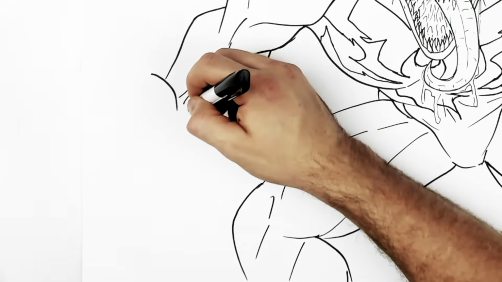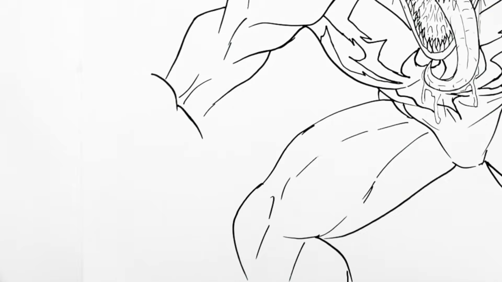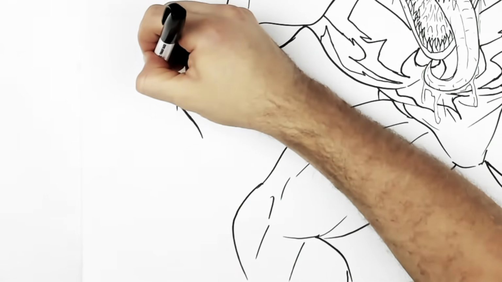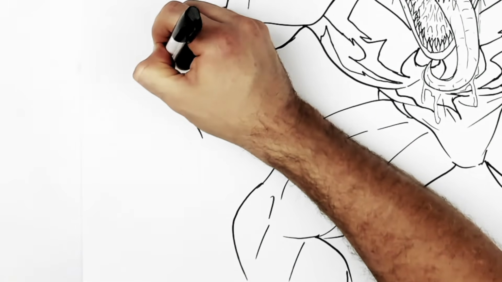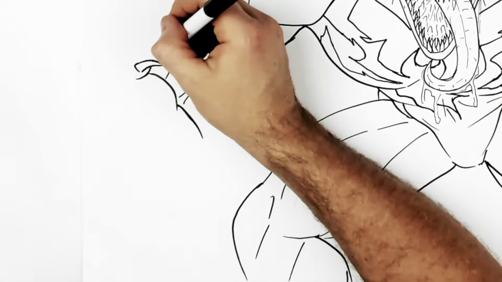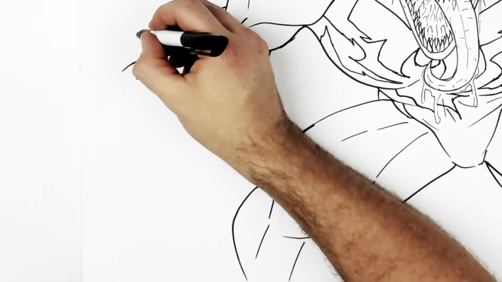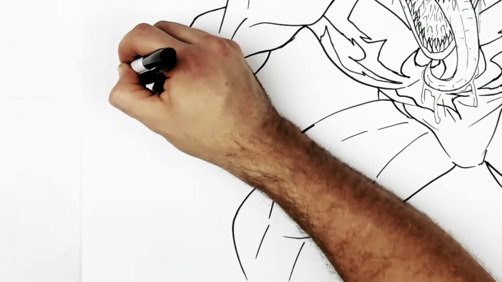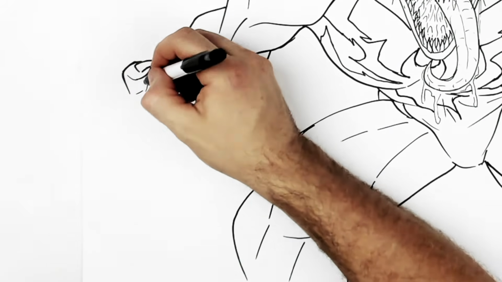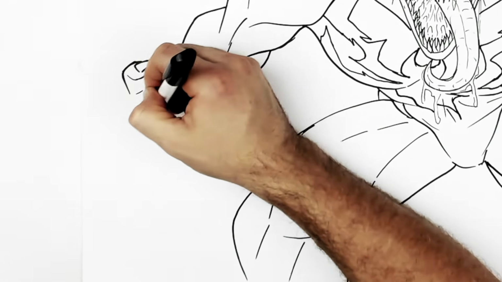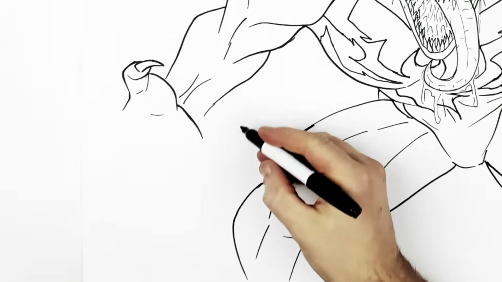So you've got this curved line, like another one there, okay? And then this basically becomes the thumb, right? But it curves around itself. And you've got these big spiking nails on his thumb, right? And this comes out that way, and then all the fingers go around in a claw-like shape this way.